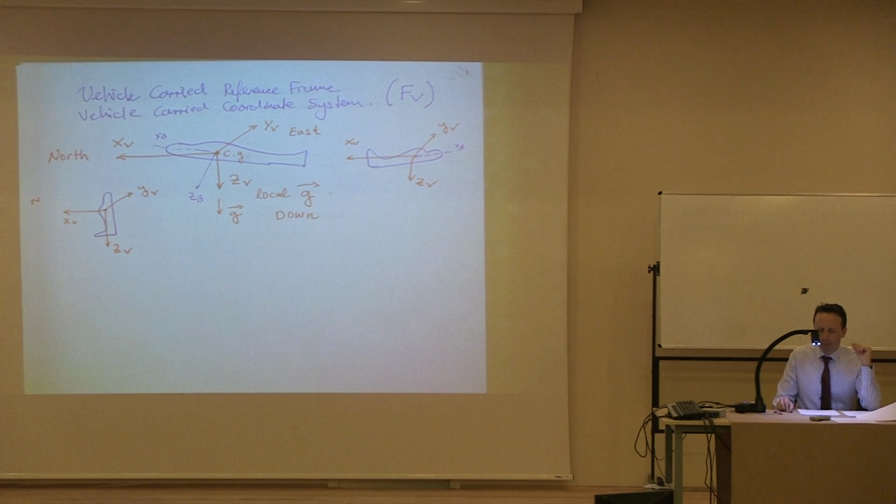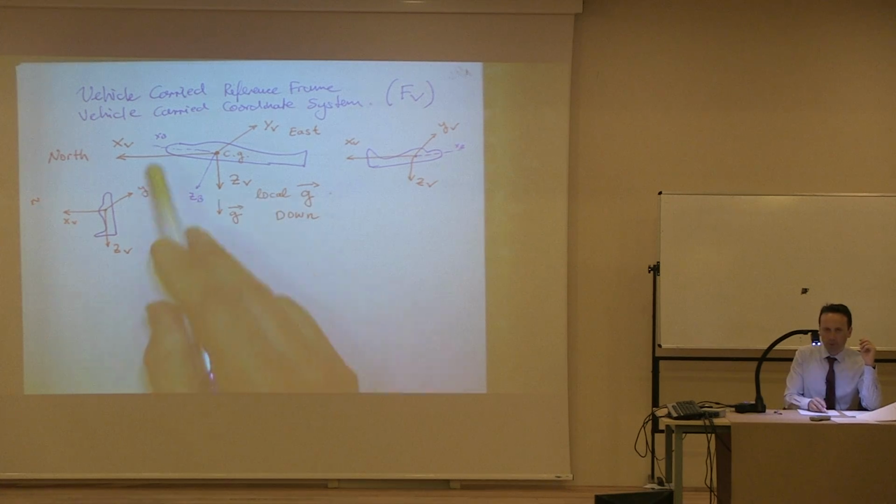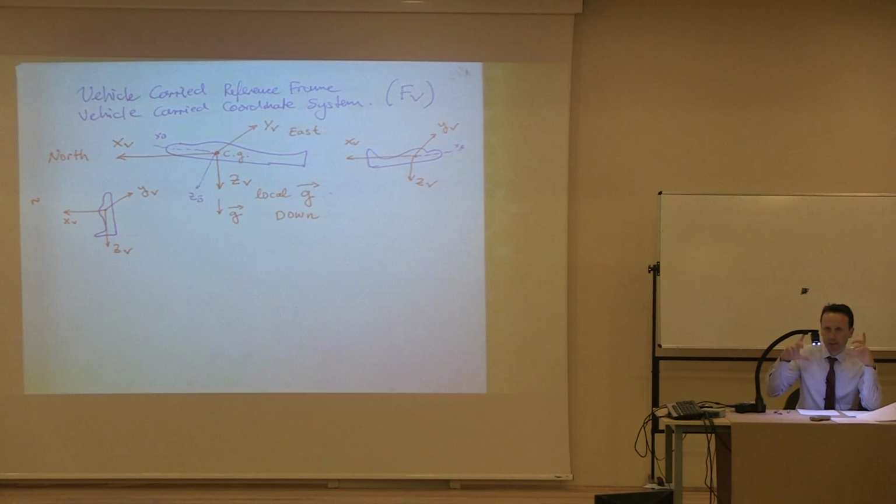Now, this is of course true if the local gravity vector and north, if they are pointing like that, they are 90 degrees to each other. If there's a discrepancy somewhere and the Earth is not a perfect sphere, then it might not be exactly 90 degrees, but for a coordinate system, it must be 90 degrees.